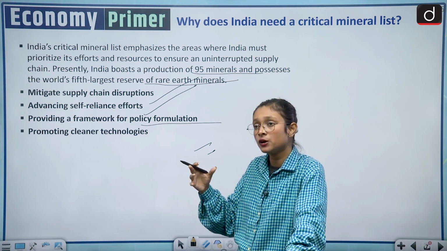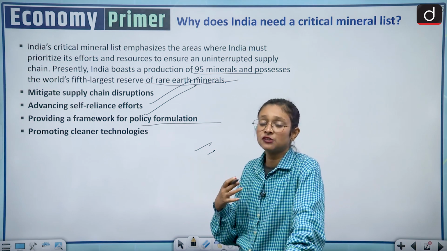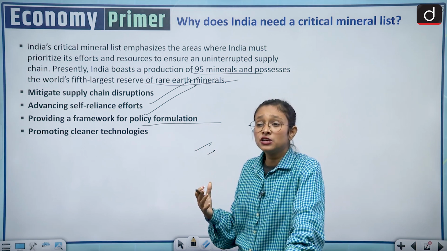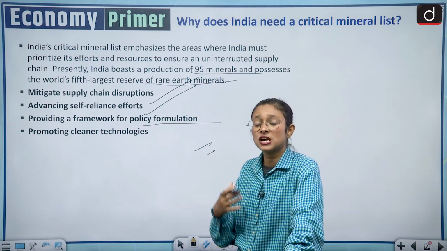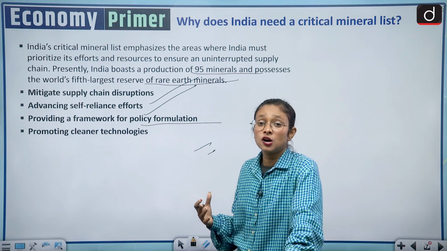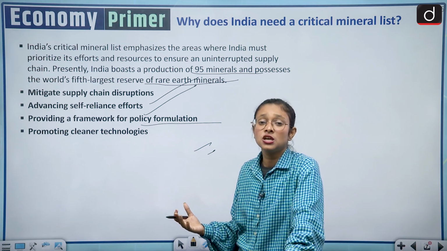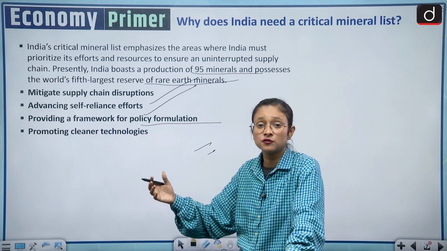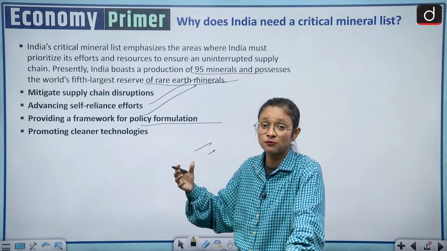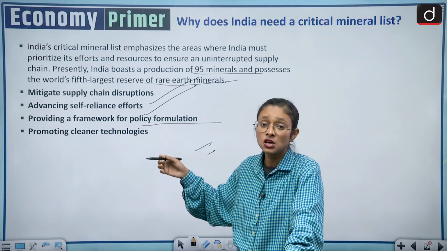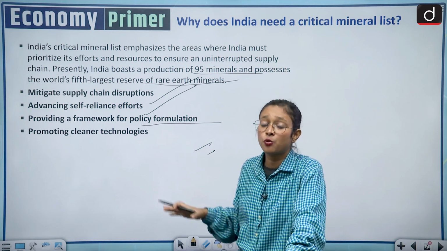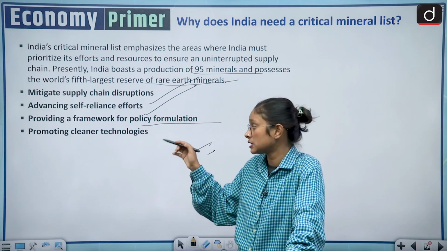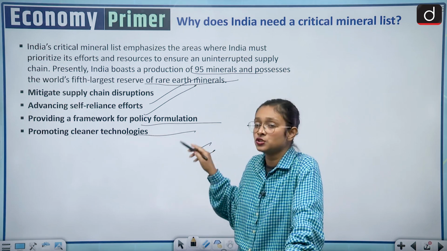So right now we have a clear policy to identify critical minerals, but we don't have a clear policy for extraction. Many times we are using backward technology. Many times we don't have clarity on the importance of such minerals. We lack research and development in terms of mineral resources. So we need a definite policy formulation in regard to promoting cleaner technology.